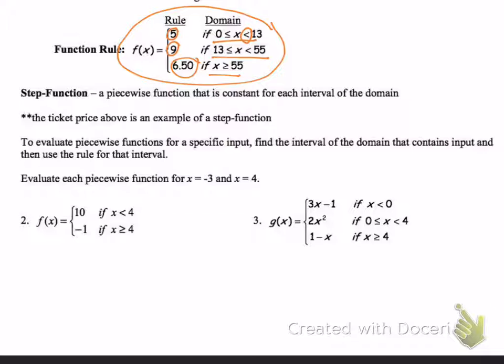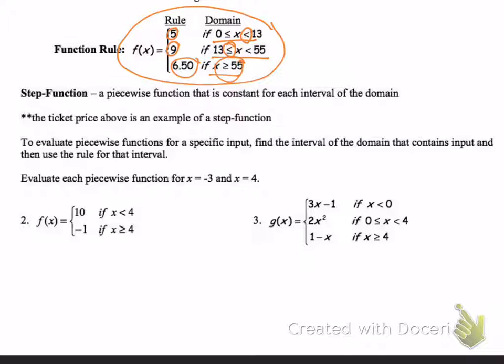This is why there's a less than, because it's everything up until the day before your 13th birthday. Then when you turn 13, less than or equal to. When you turn 13, you jump up to $9. When you turn 55, you jump down to $6.50.